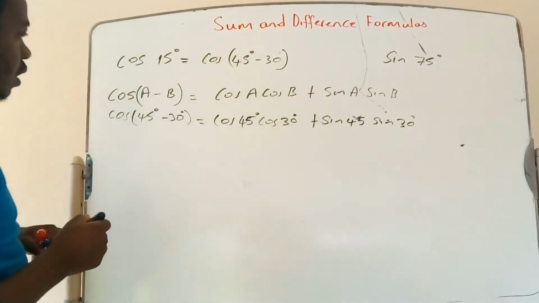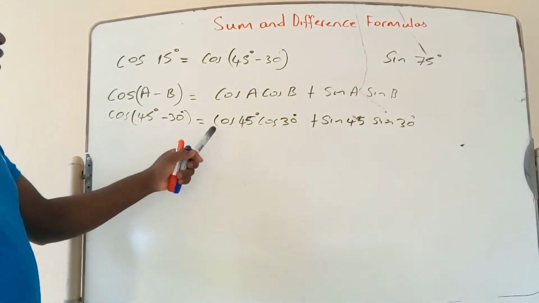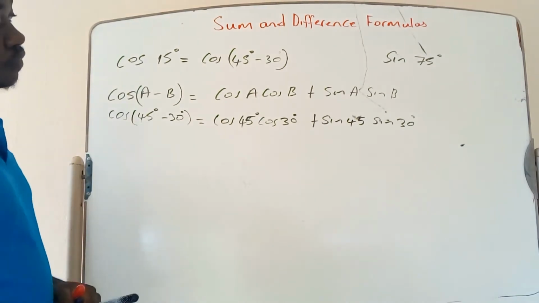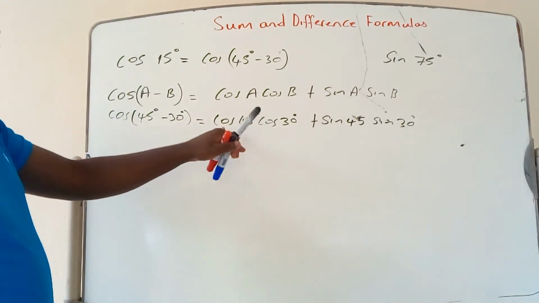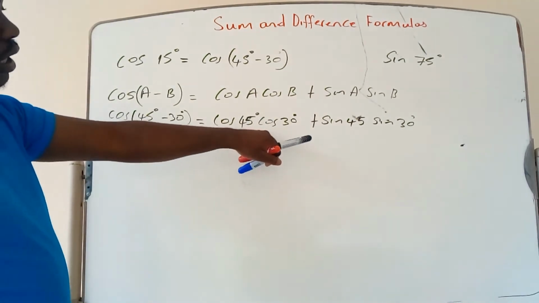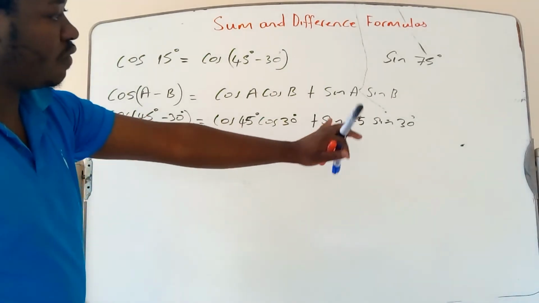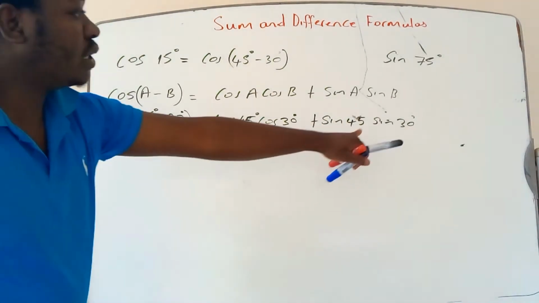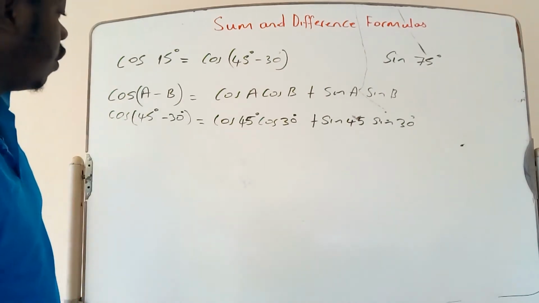That's it. But what is cos 45 degrees? Do you know it? Do you know what cos 45 is? Do you know what cos 30 is? Do you know what sine 45 is? Do you know what sine 30 is? Of course, you know it.